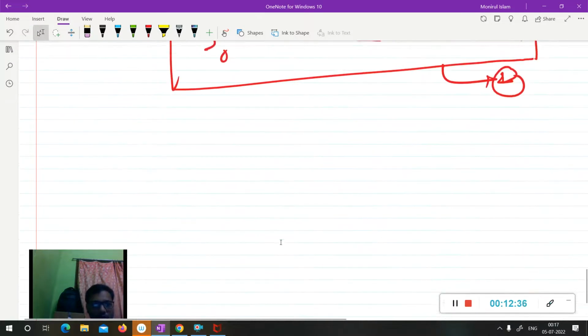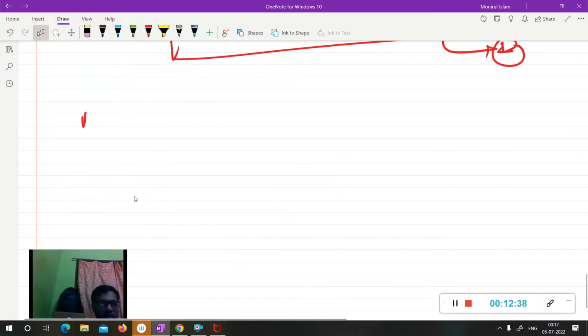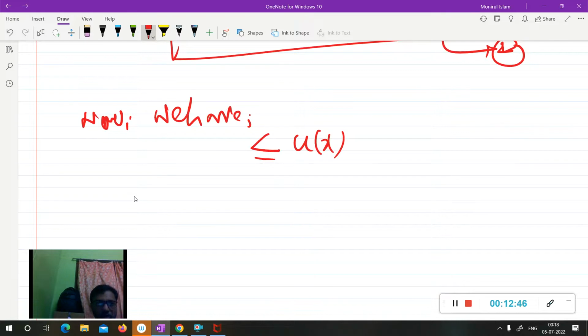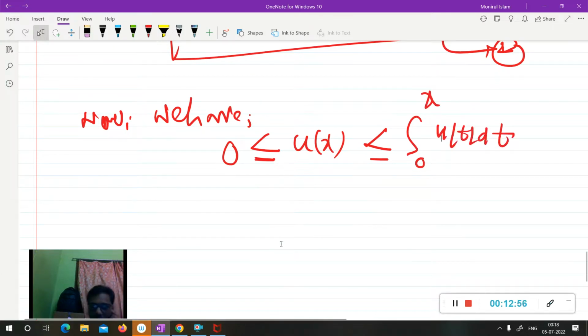So till now we have done this. We have u(x), a real function, whose value is greater than 0. It is also given that u(x) is less than the integral from 0 to x of u(t) dt. This is the given condition: u(x) is a non-negative function and u(x) is less than the integral from 0 to x of u(t) dt.